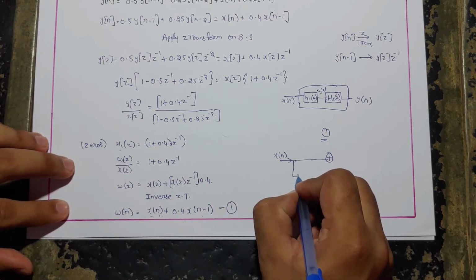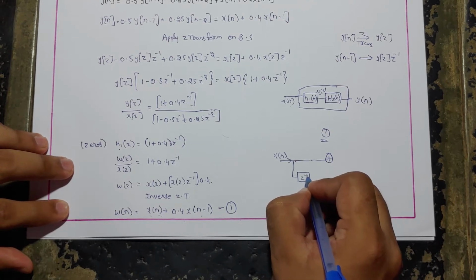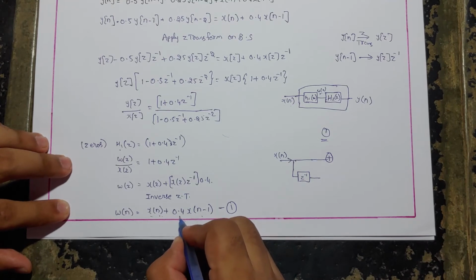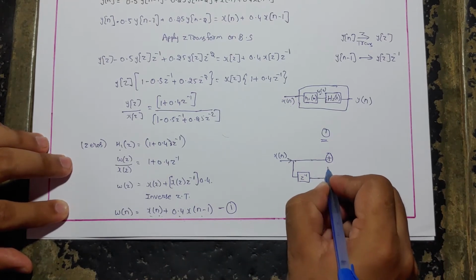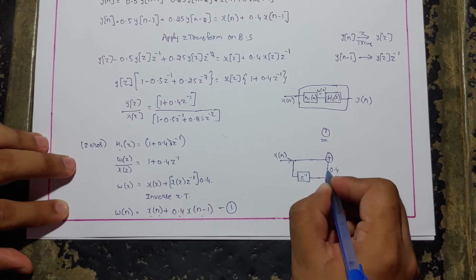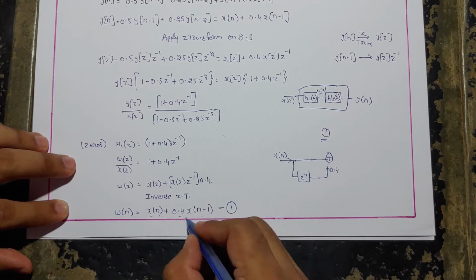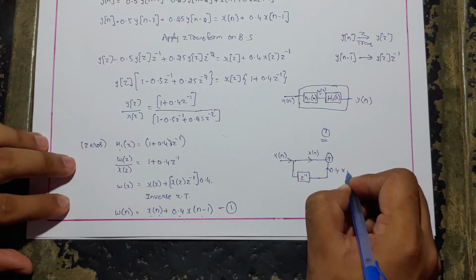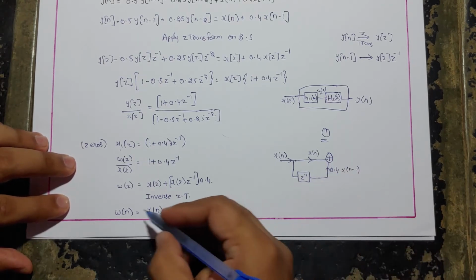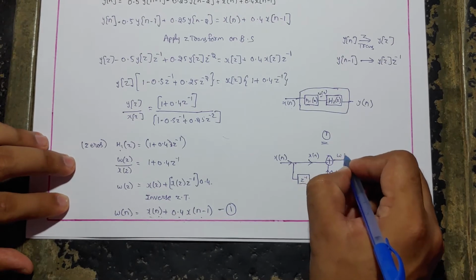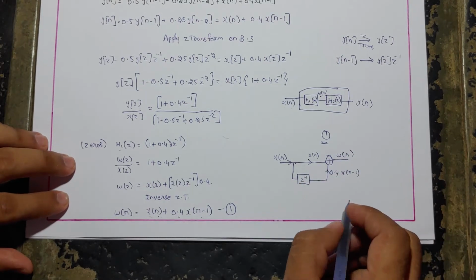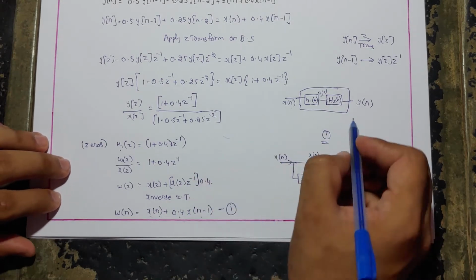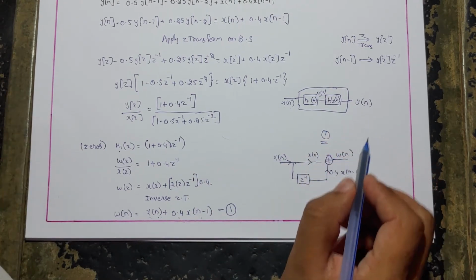The delayed element is multiplied with a constant 0.4, a scalar, and is added to the system, that is x of n minus 1, which gives w of n.